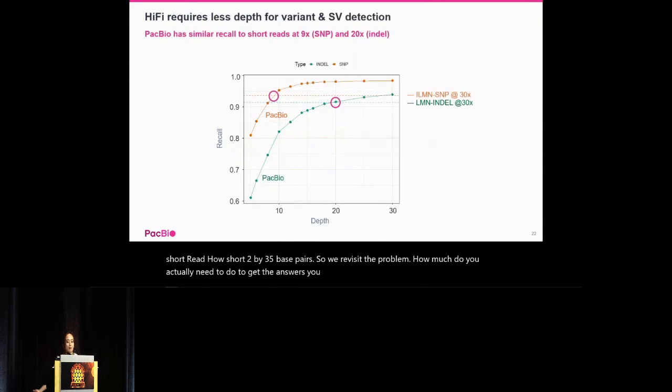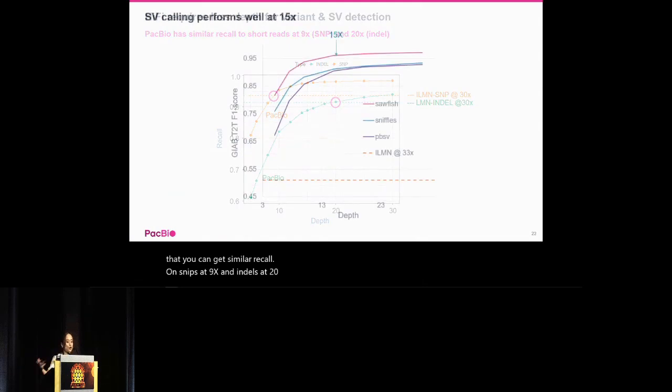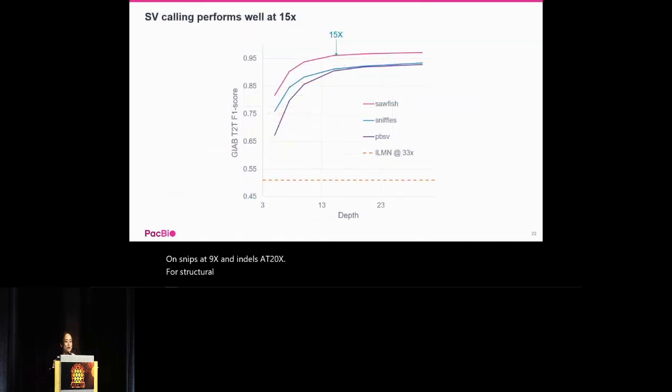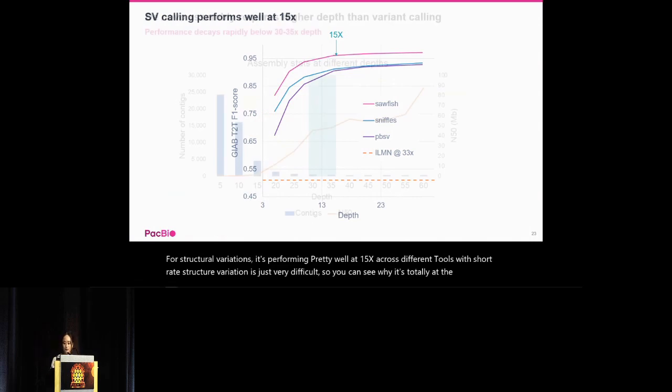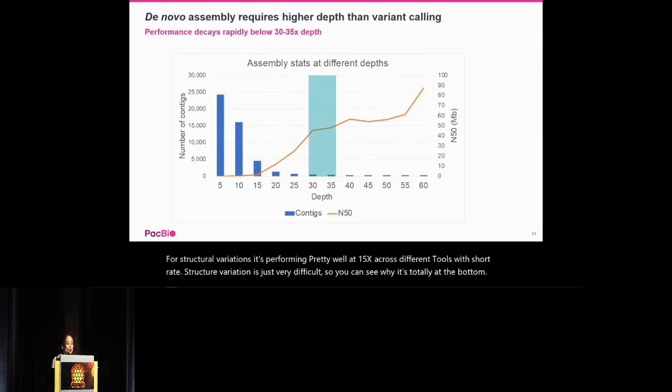If you look at PacBio HiFi data, it shows that you can get similar recall on SNPs at 9x and indels at 20x. For structural variations, it's performing pretty well at 15x across different tools. With short read, structural variation is just very difficult, so you can see why it's totally at the bottom. However, de novo assembly will always require higher depth than alignment-based variant calling.